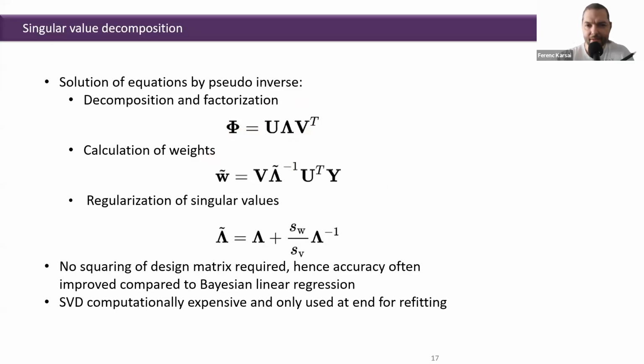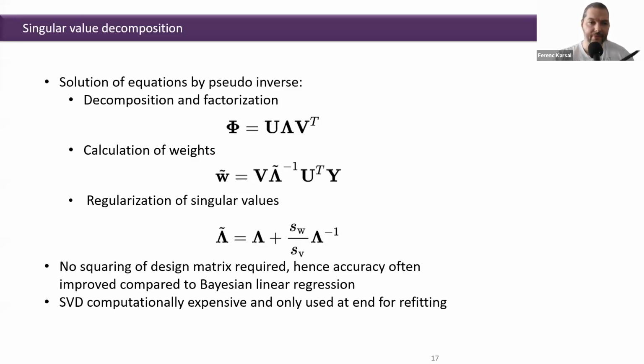The nice thing is that this does not require any squaring of the design matrix. And this results, of course, in a much better conditioning than in Bayesian linear regression. As I told you, the better conditioning results in a higher accuracy. And this accuracy can be substantial sometimes. It can be up to 30 to 40% in some systems.